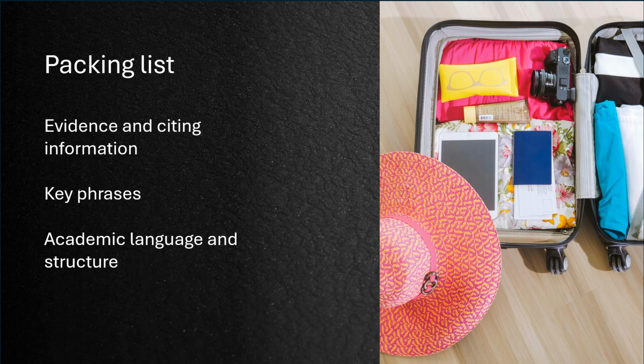When you're collecting these bits of evidence, be sure you're also keeping track of the information you need to correctly cite and reference the articles. Don't forget to include the key phrases and terms from the original writing prompts your lecturer assigned. Interpreting these phrases correctly is essential to writing an essay that answers the assignment questions.